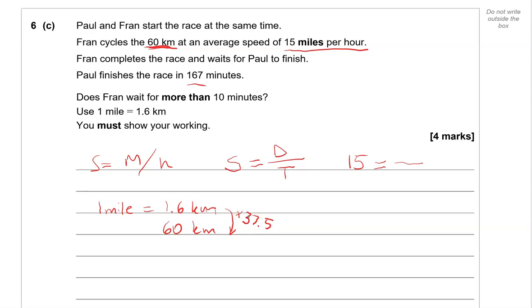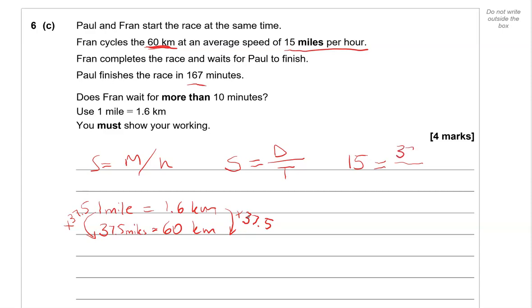So in other words, 1.6 times 37.5 gives us 60 kilometers. So we need to do the same on the other side. Multiply by 37.5. 1 times 37.5 gives us 37.5 miles.